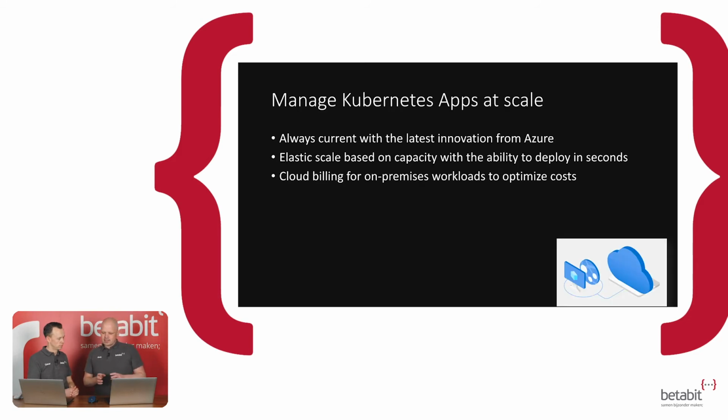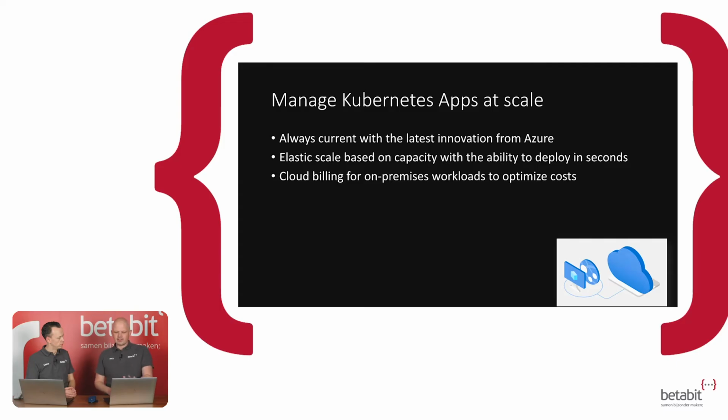And then if you look at the other two fields where they see Azure Arc as being a good solution, one is to have it manage Kubernetes apps at scale. So it's always current with the latest innovations from Azure because again, here you install some tool that enables you to scale out your Kubernetes apps.